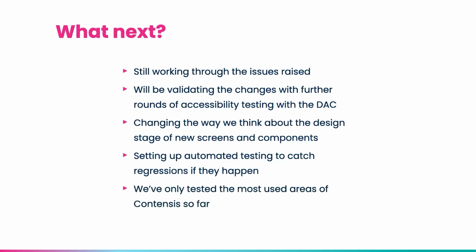And as I said, we've only really tested the most used areas of Contensis so far. So there's a lot more screens to go. It's something, as I said earlier, we're just going to keep working through. And I don't think it's going to be something that we ever complete. It's going to be rolling. We need to bake it into our processes.